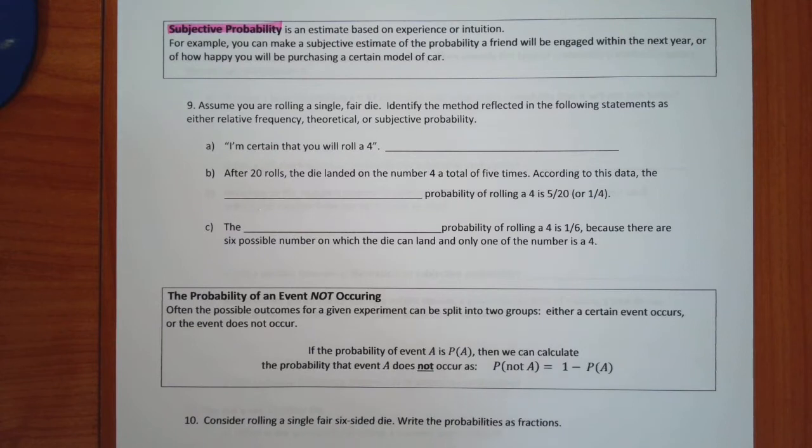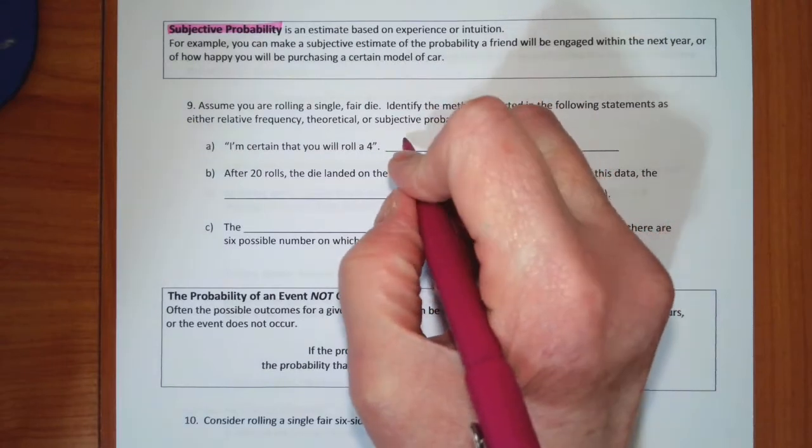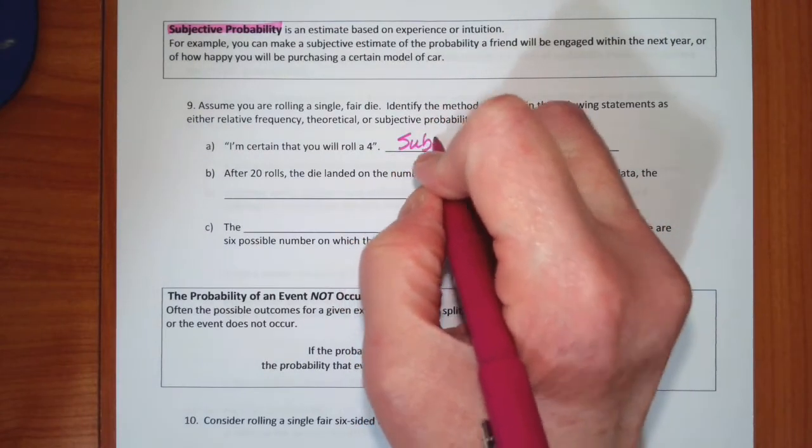Okay, so let's look at 3 different scenarios and assume that you're rolling a fair die. Identify each method reflective in the following statement as either relative frequency, theoretical, or subjective. Okay. I am certain that you will roll a 4. That's a hunch, that's an intuition, so that is going to be subjective.